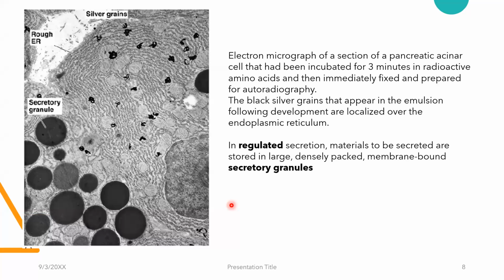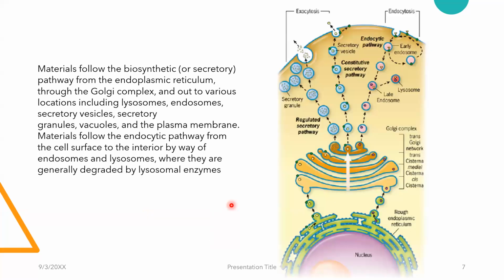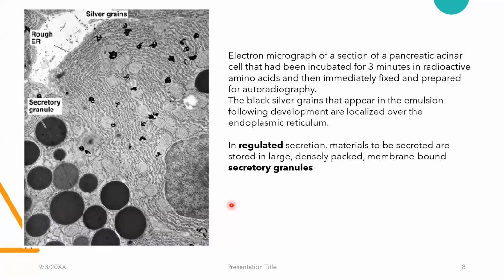So here, if this is your artist sketch, this is the actual transmission electron microscope image. This is an electron micrograph of a section of a pancreatic acinar cell that's been incubated for 3 minutes in radioactive amino acids and immediately fixed and prepared for autoradiography.